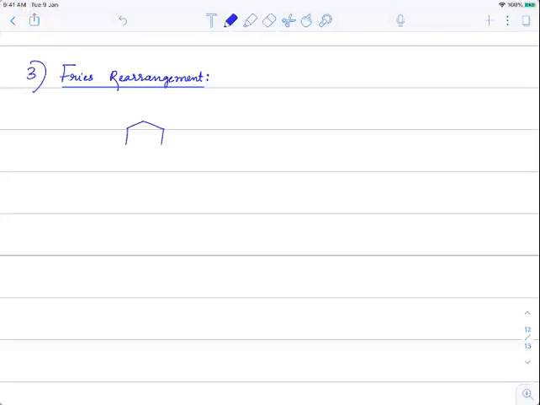Basically, Fry's rearrangement is, we already have, imagine, an acetyl or an acyl group here, and I'm reacting that with AlCl3 and heat.